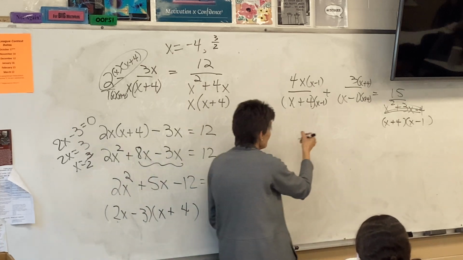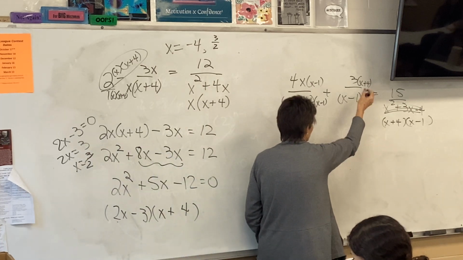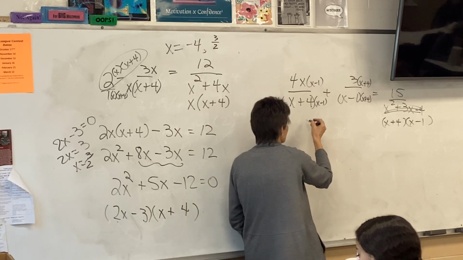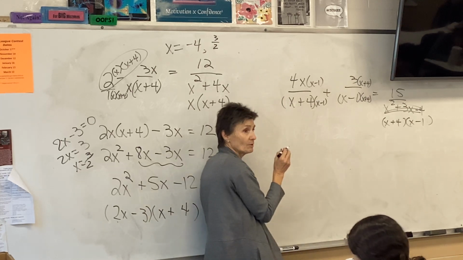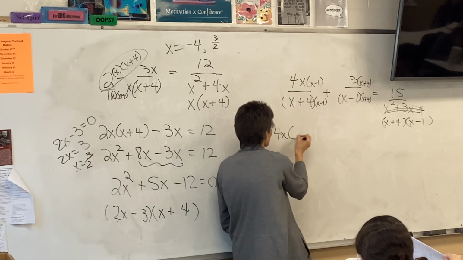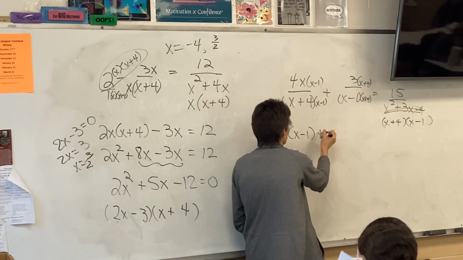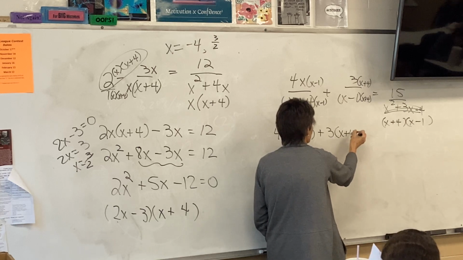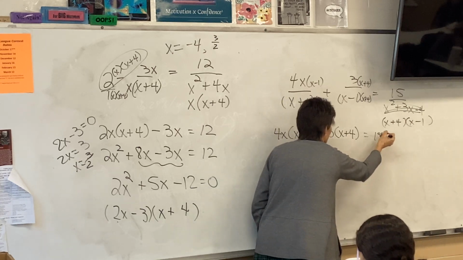As soon as you give this one what it needs and you give this one what it needs, now the denominators don't matter anymore. So I have 4x, x minus 1, plus 3, x plus 4, equal to 15.